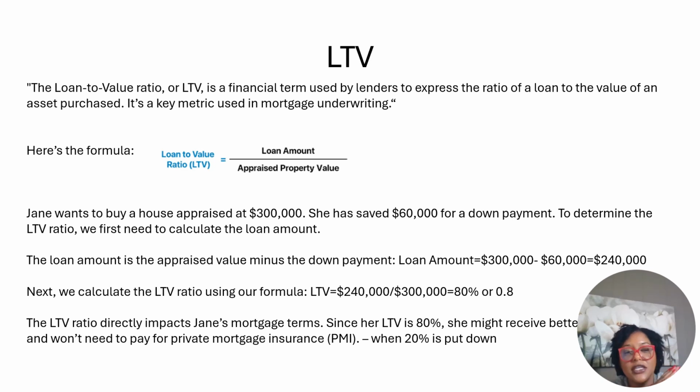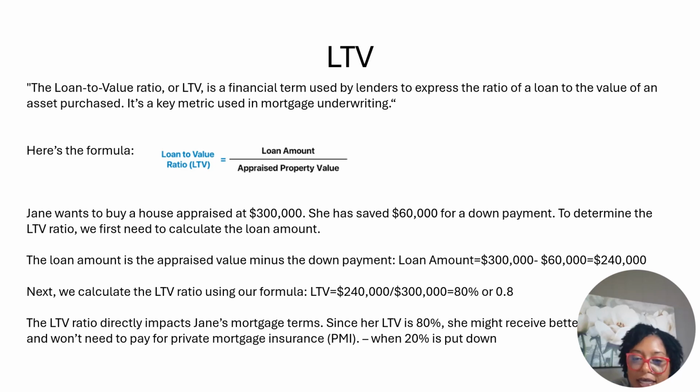So lenders typically like a lower LTV. So that is the point of it. It's not going to mean much to you now until you start writing contracts and understanding the money part of it. But the lender will also handle this. An LTV ratio of 80% or less is often considered ideal. If it's higher, you may have to pay PMI or private mortgage insurance.